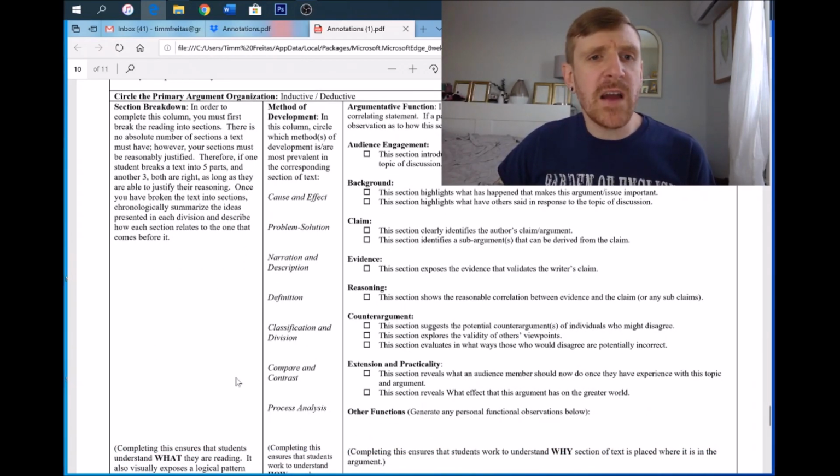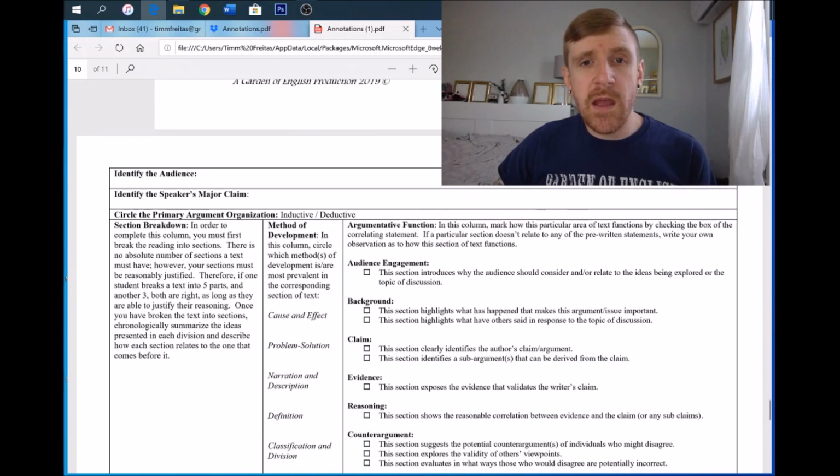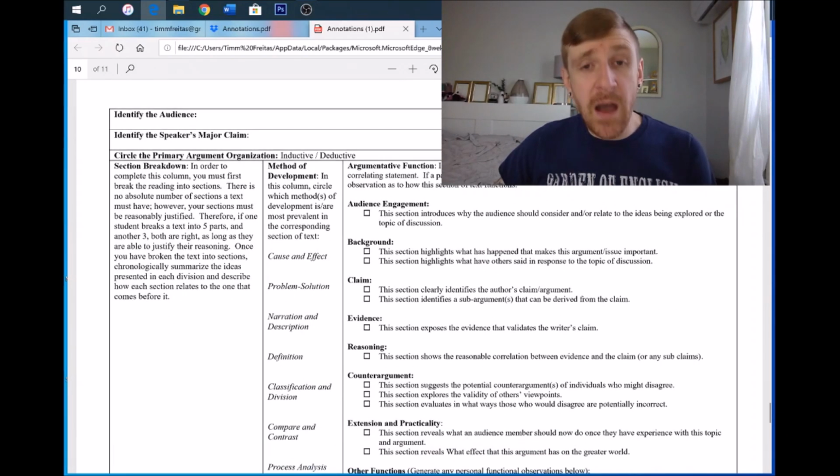And I'll have them summarize the text right here. And then I'll say, great, what methods of development are used? And then I'll say, where does it fit down this little checklist right here? And wherever they check, I'll then say, okay, great, let's use this here and this here to create topic sentences. And we'll try to pick verbs.